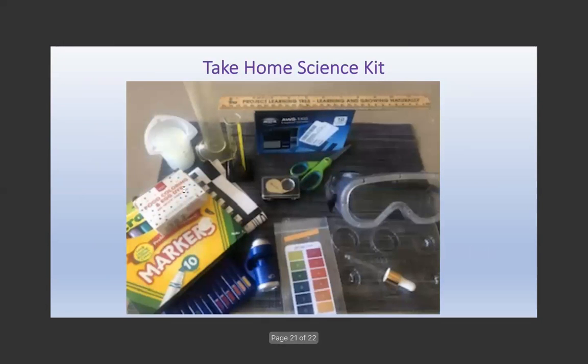And finally, the take-home science kit, one of my favorites. This is a photo of ones I think are good. You can put whatever you want in your kit. These are some things for middle grades. Of course, goggles they may need, particularly if they are working with chemicals or anything that could be harmful to their eyes.